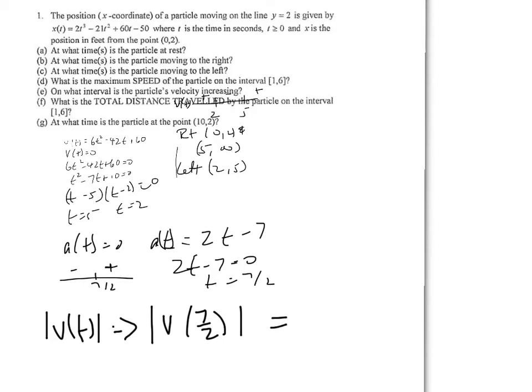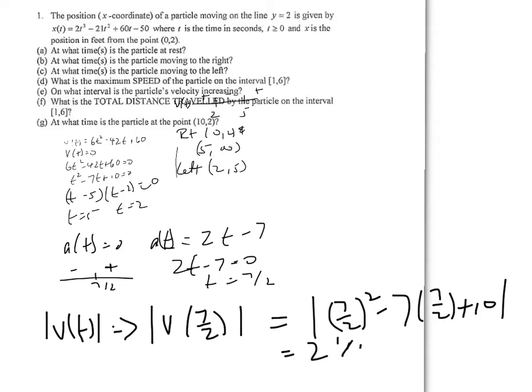So that's the absolute value of 7 halves squared minus 7 times 7 halves plus 10, which gives us 2 1/4 feet per second.